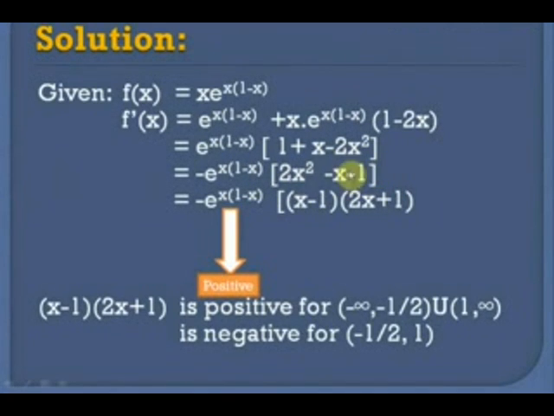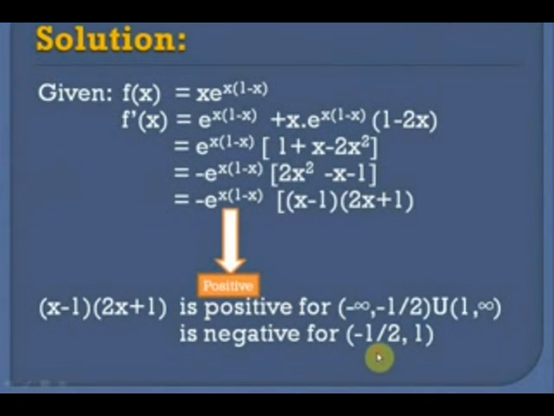This could be further factorized as (x minus 1) times (2x plus 1), and hence we see that the expression f dash x is equal to minus of e to the power of x times (1 minus x), multiplied by (x minus 1) times (2x plus 1). Now we know that the exponential expression is always positive, and the expression (x minus 1)(2x plus 1) is positive for the interval minus infinity to minus 1 by 2 union 1 to infinity, and negative for minus 1 by 2 to 1.